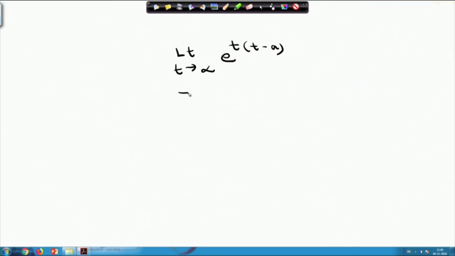If I try to find the limiting value of this, it will always be infinity, of course for a greater than 0. Since the limiting value is infinity, I can say that the function e^(t^2) is not of exponential order alpha.